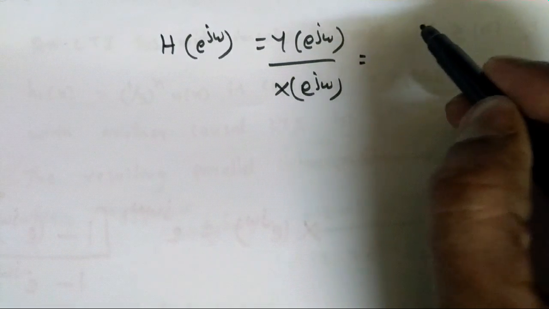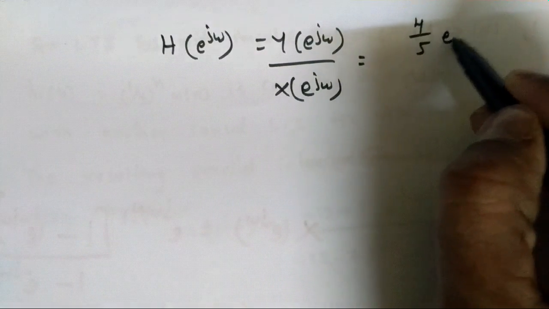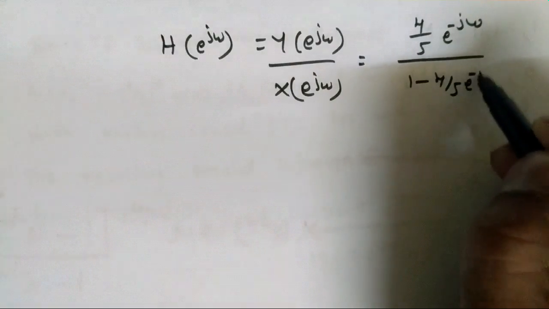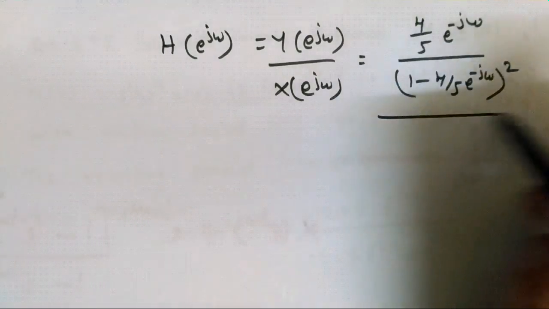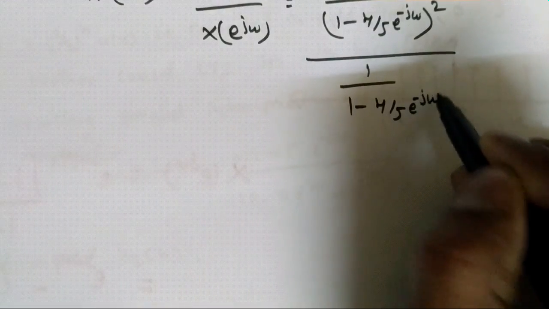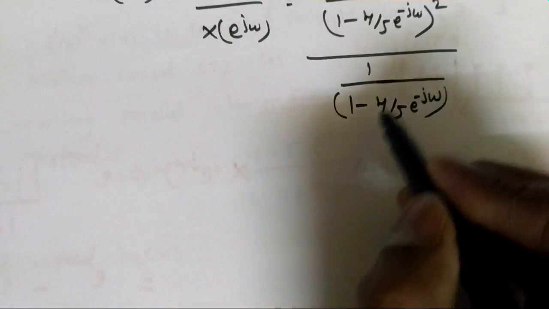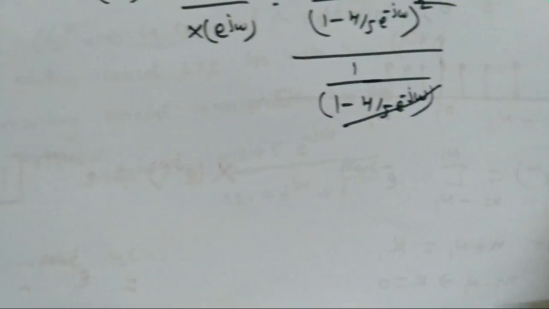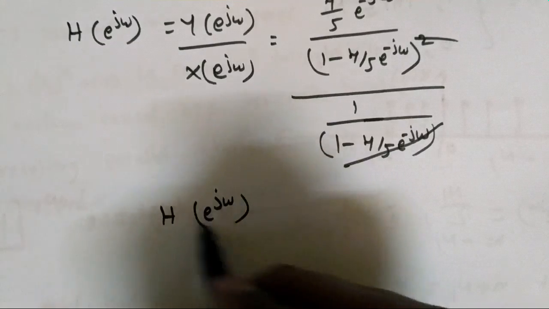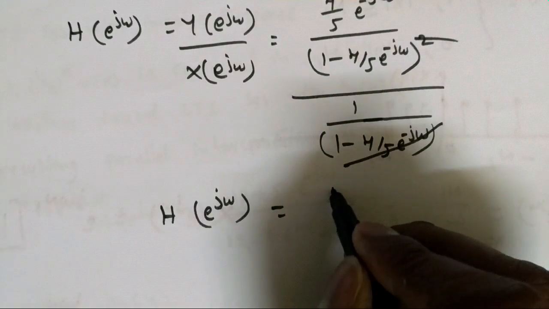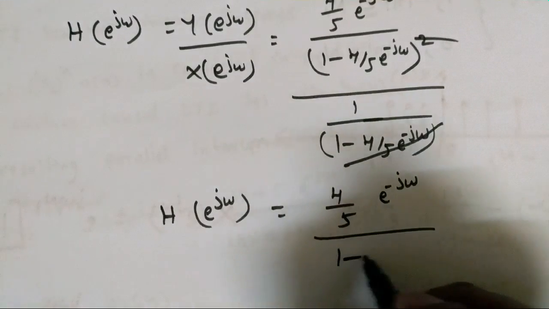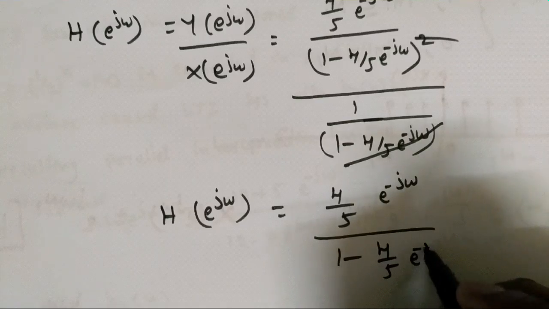So what is Y of e power j omega? 4 by 5 e power minus j omega by 1 minus 4 by 5 e power minus j omega whole square, divided by 1 by 1 minus 4 by 5 e power minus j omega. So one factor will be cancelled. So what we will get? Simply H of e power j omega is equal to 4 by 5 e power minus j omega by 1 minus 4 by 5 e power minus j omega.